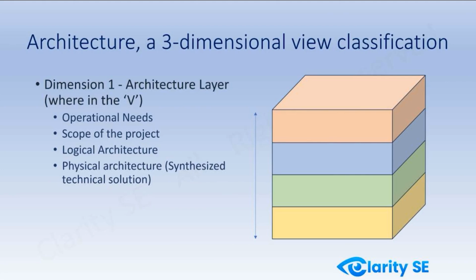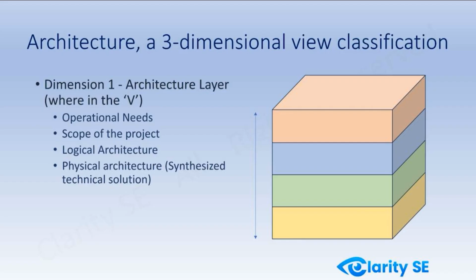I like to think about architecture views, so the diagrams, if you like, that show you a window into the architecture model, as existing in a three-dimensional space that can be defined. There are many different ways that you can define it. This is a method that works for me. Three different dimensions. The first one is the one that we've already talked through, the different architecture layers.